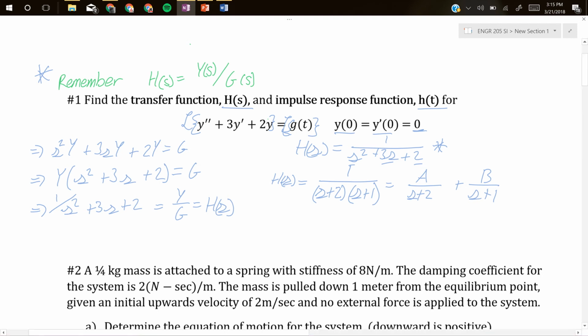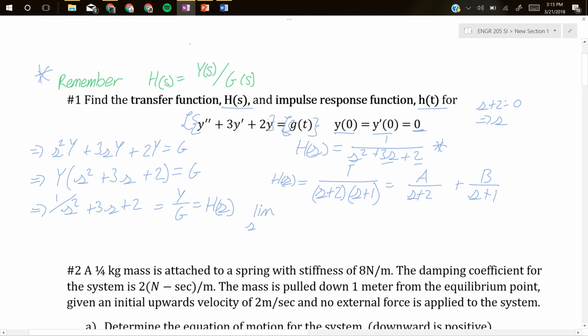So the way Heaviside works is that we're going to take the limit as s approaches, and we're going to choose either A or B. So I'm going to choose A, so that means we're going to solve for s whenever s plus 2 equals 0.